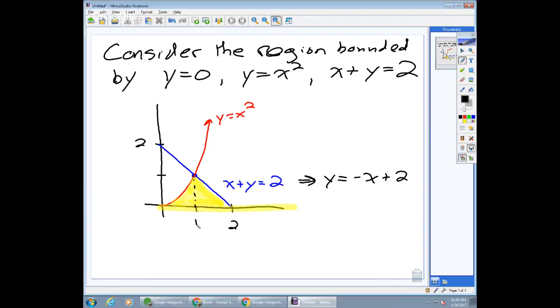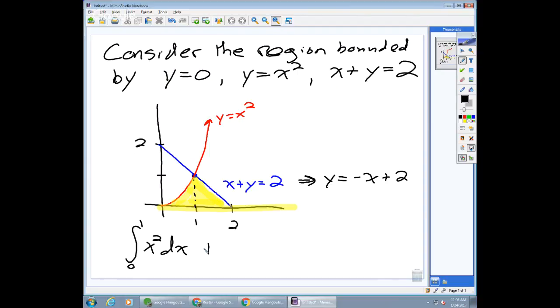So in terms of using an integral to find this area, one way to do it would be with two different integrals. One integral from 0 to 1, where x squared is the function of integration that's going to help us find the area.